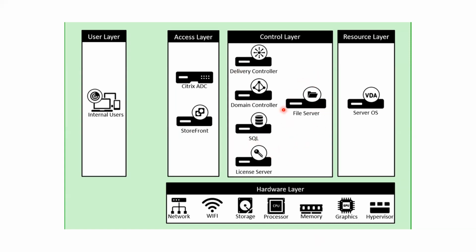The file server is a shared storage or network storage on which we host all the user data. And the resource layer is the layer on which we host all the applications and desktops. All those layers, access layer, control layer and resource layer, are hosted on the hypervisor, which is known as the hardware layer.